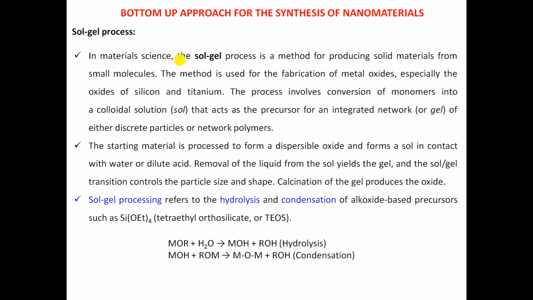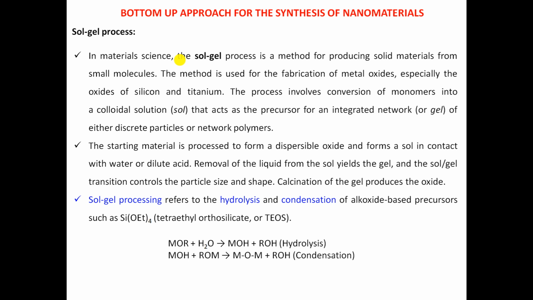For an integrated network, that is the gel, either discrete particles or network polymers are formed. The starting material is processed to form a dispersible oxide and form a sol in contact with water or dilute acid.